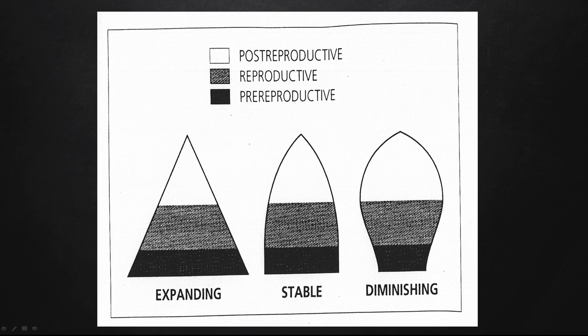These types of populations are typically representative of developing nations, whose populations have a high fertility rate and a lower than average life expectancy.